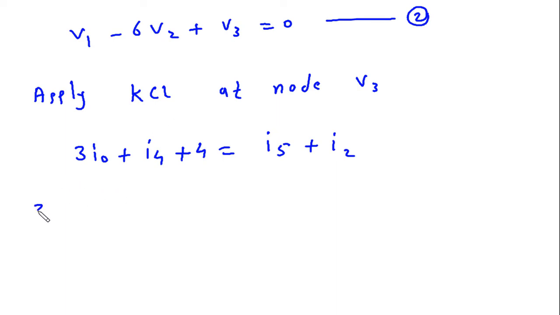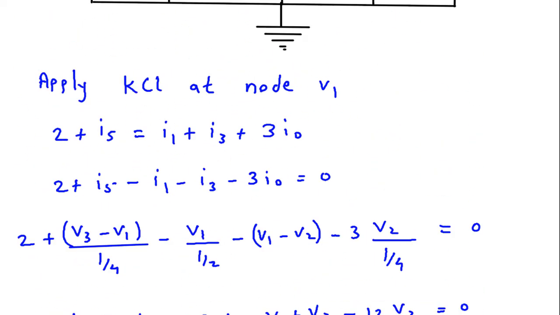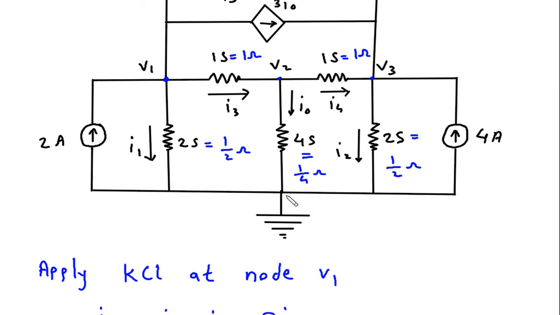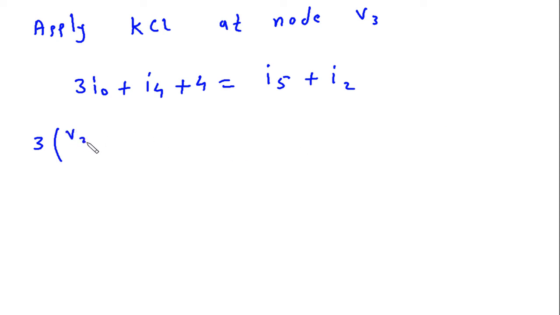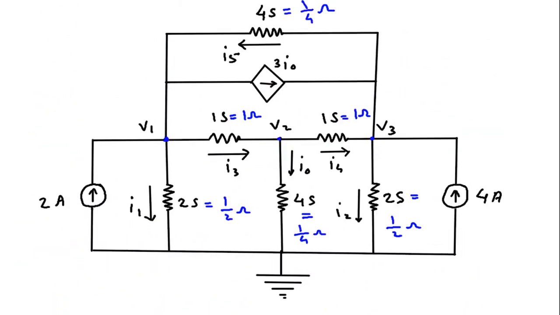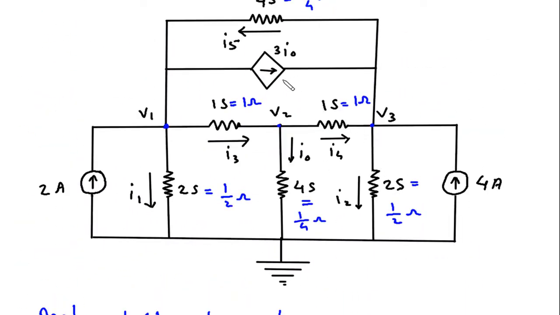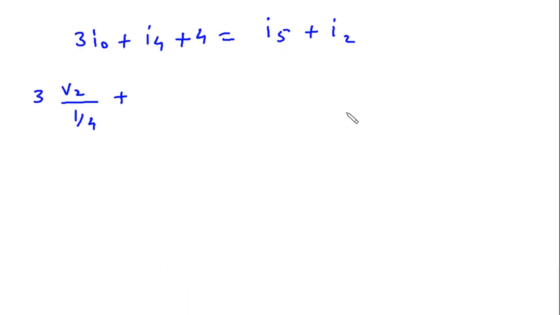Now this will be 3 into IO. IO is V2 minus 0 by 1 by 4, plus I4. I4 is V2 minus V3 by 1, plus 4 is equal to I5.